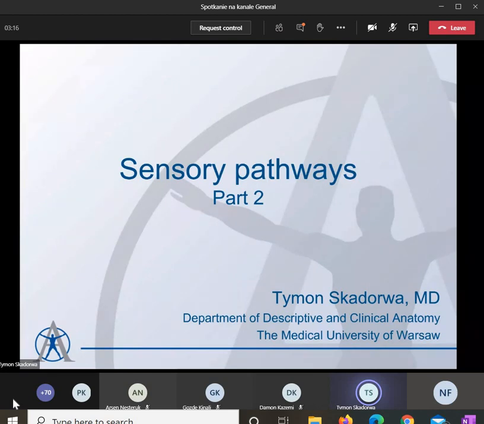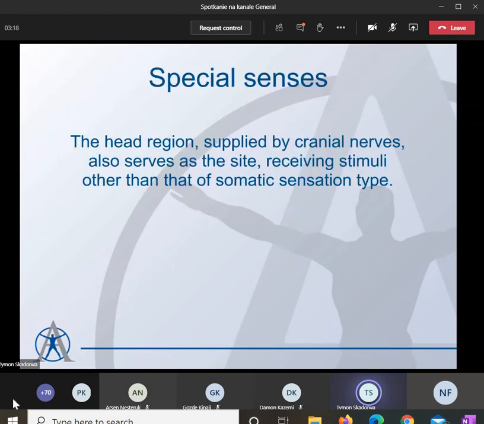Okay, so we will continue the topic on the sensory pathways, because if you remember from the last lecture, the head region, which is supplied by cranial nerves in terms of somatic sensation, also serves as the site of receiving stimulation which is other than somatic.